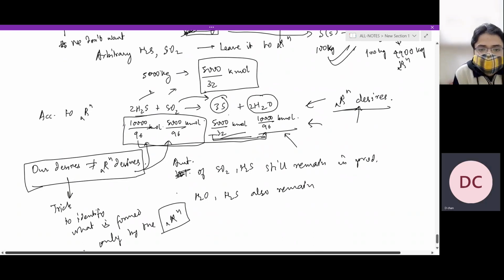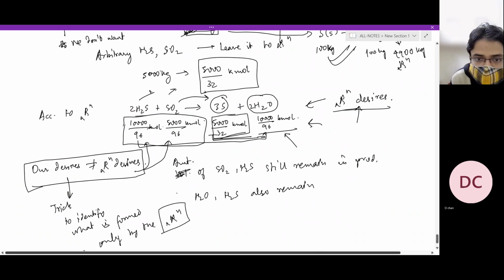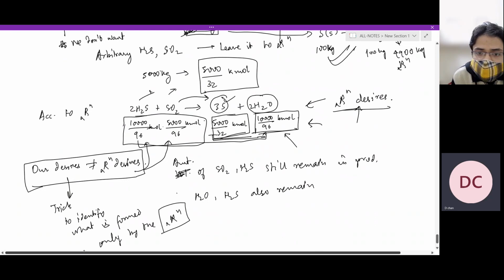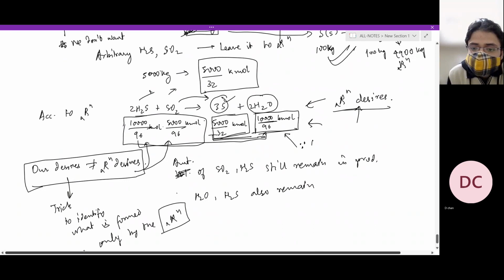So since the reaction is yielding a total of 5,000 over 32 kilomoles of sulfur, this necessarily means that you'll be having 10,000 over 96 kilomoles of water vapor in your reaction. Because there's another catch here: you are not supplying any water vapor on the reactant side.